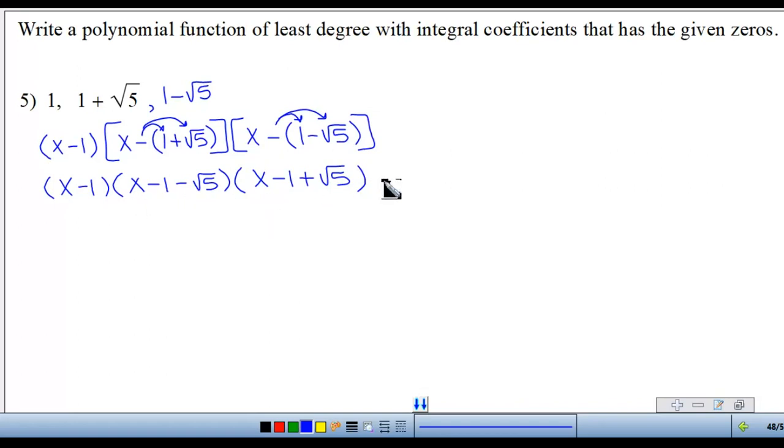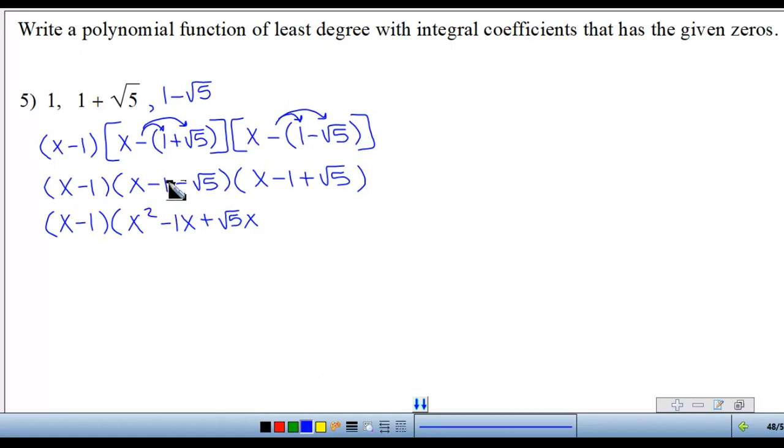I'm going to take care of the second and third parentheses by doing a triple distribution. When I take the x and distribute to all three terms, I get x squared minus 1x plus square root of 5x.